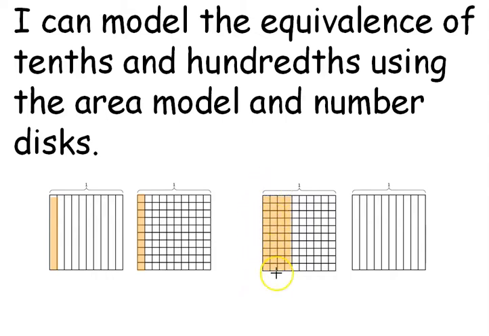So 10, 20, 30, 40. I'm going to shade in the same amount of space in my next diagram. Now, it's the same amount of space. However, instead of 40 small hundredths pieces, I have 4/10.